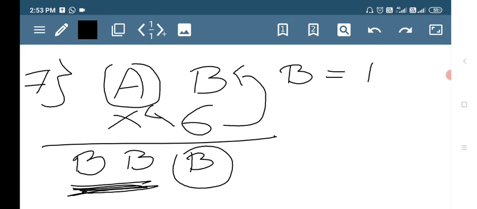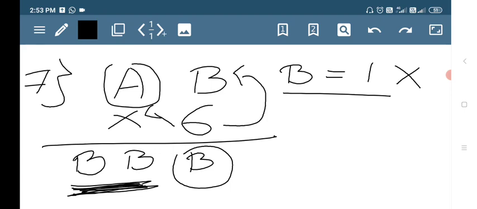Even if you take it as 9, we can't take 10, but if you take 9, it is 54. So hence double digits are not the same, so B cannot be 1.